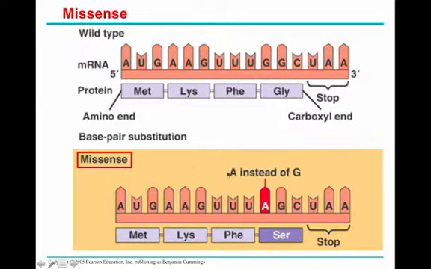Now, if we have an A instead of a G here at this position, let's see, 1, 2, 3, 4, 5, 6, 7, 8, 9, at position 10, that results in AGC instead of GGC, which results in serine instead of glycine.